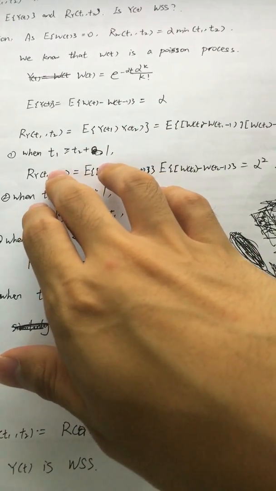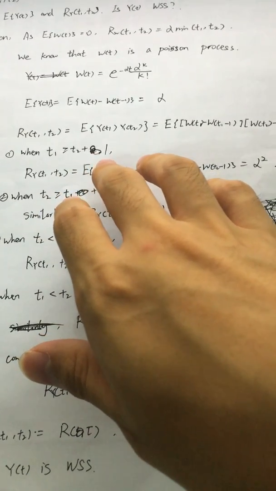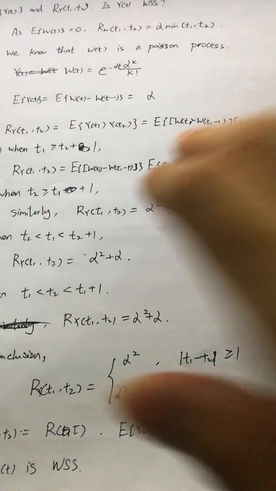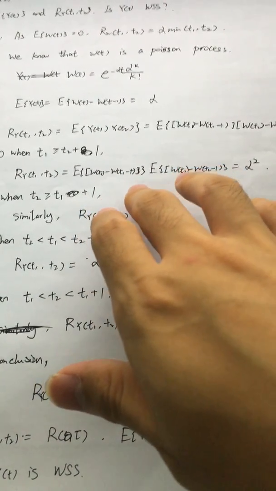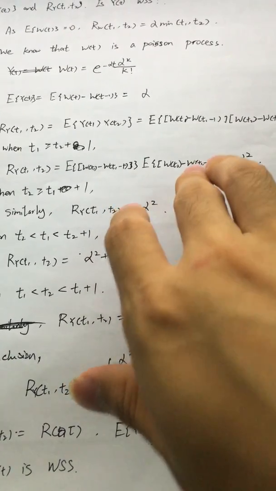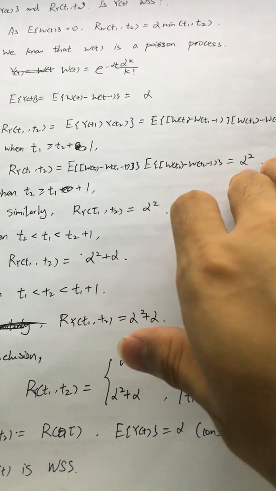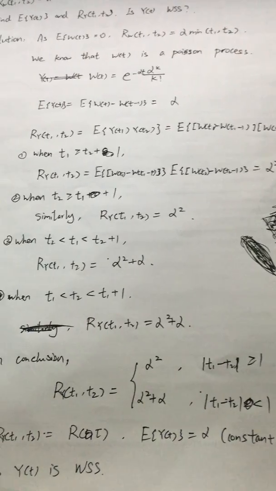So if t1 is bigger than t2 plus 1, R_Y(t1, t2) = E[W(t1) - W(t1-1)] E[W(t2) - W(t2-1)], which equals alpha squared.